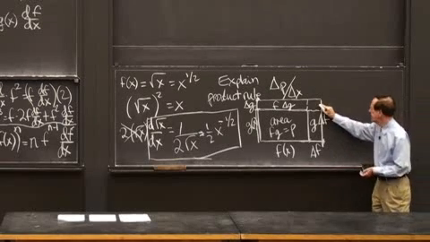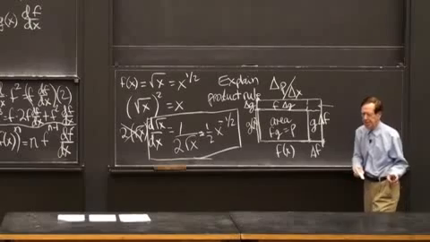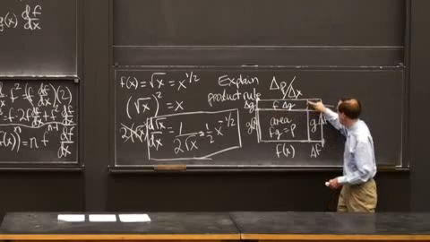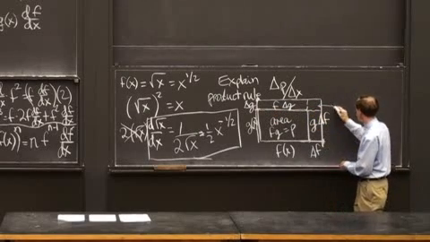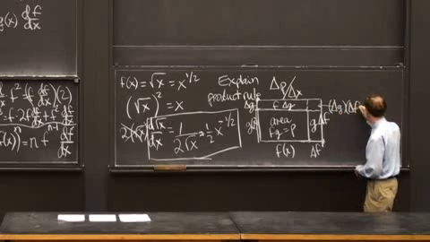And what about this little corner piece? Well, its height is just delta G, its width is delta F. This is delta G times delta F.